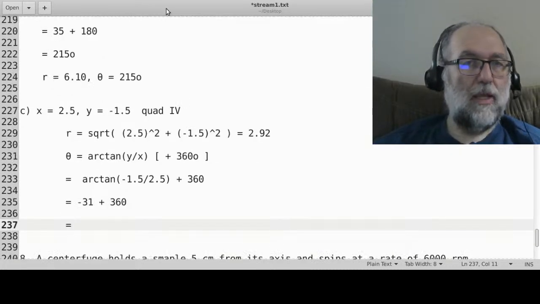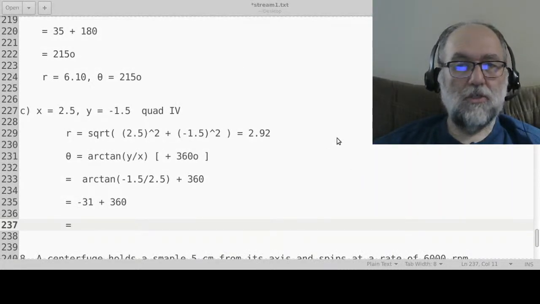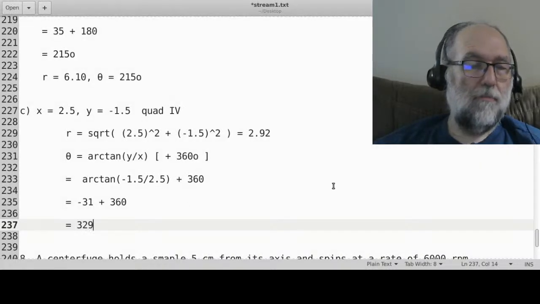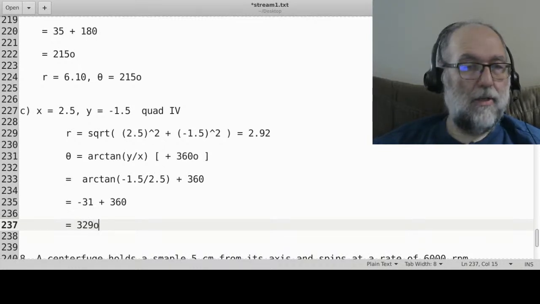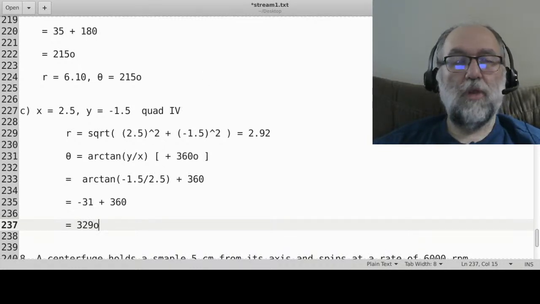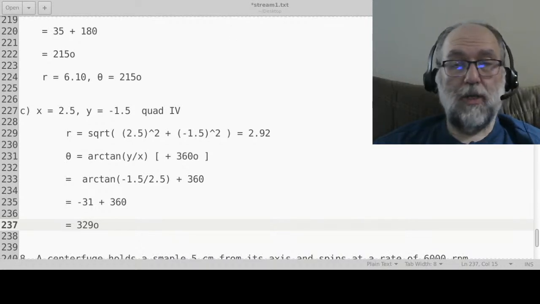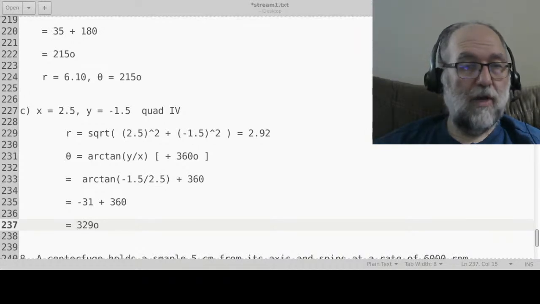Let me quickly check to make sure I didn't make a mistake. No, it looks all right. So there's the answer: 329 degrees.